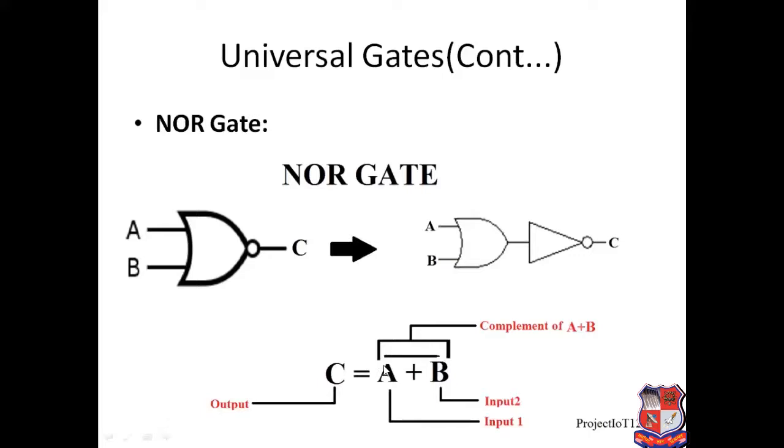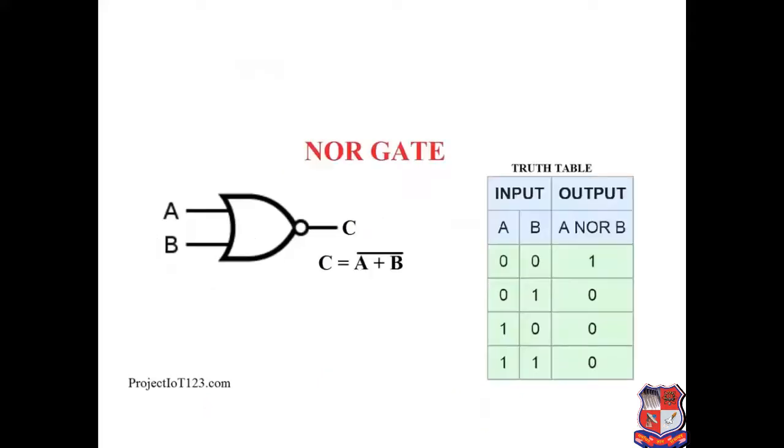Now we will discuss the truth table of NOR gate. When my input is 0, 0, then what happens? I put the value of A as 0 plus the value of B as 0, and the bar of that.